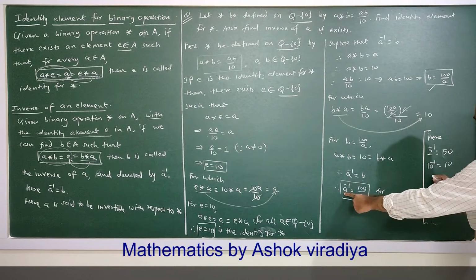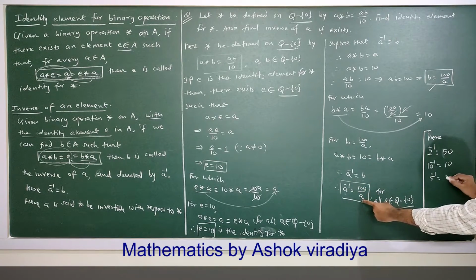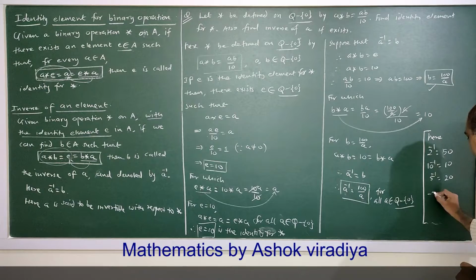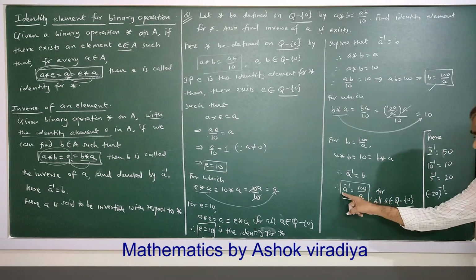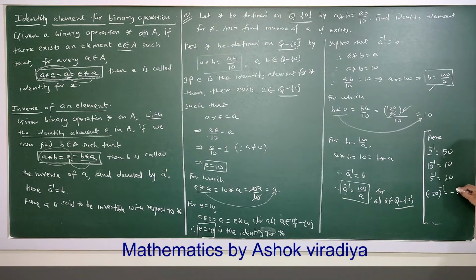If you put 5, inverse is 100 by 5, that is 20. Like that you can find the inverse of any number. If you take a negative, suppose minus 20, inverse of minus 20, put minus 20. So 100 upon minus 20 is minus 5. So this is the way to find the inverse.